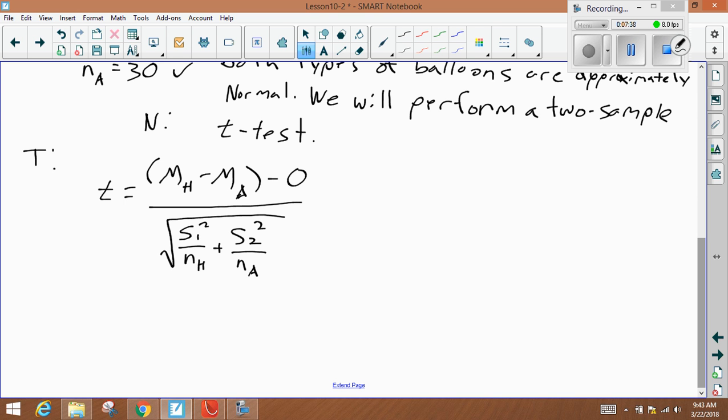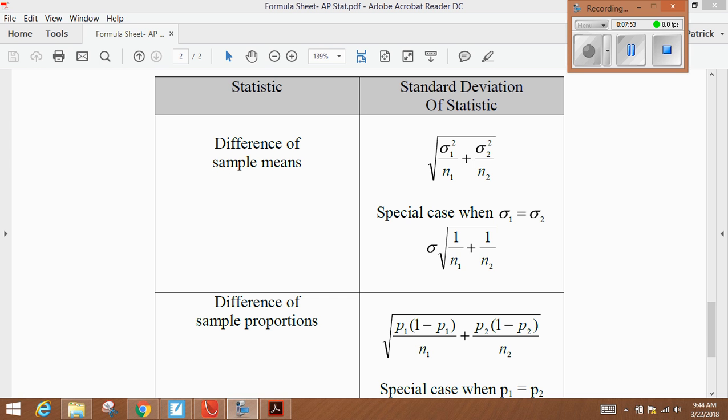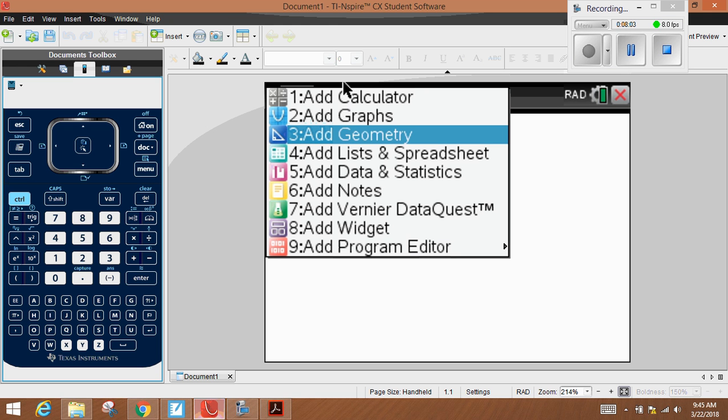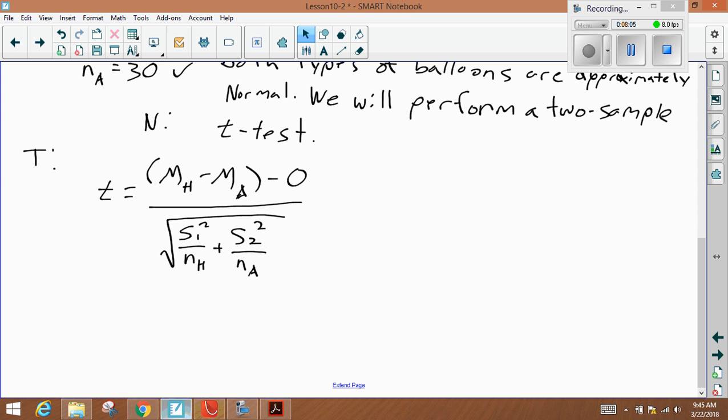Hey, this formula is on your formula sheet, okay? You can piece it together from your formula sheet. So your standard deviation can be found on your formula sheet. And then you have to work through the idea of what's going to go on the top, what your statistic minus parameter is going to be, okay, on your top.